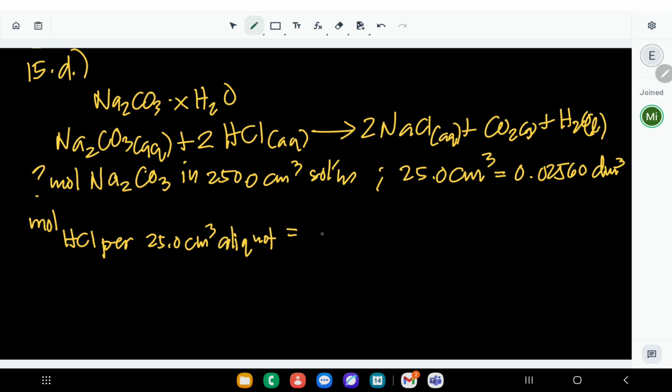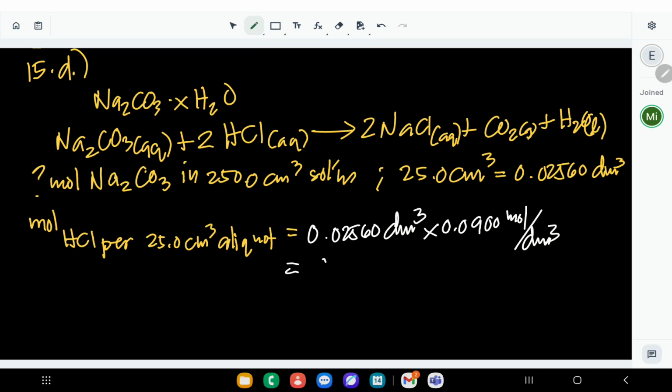And then 0.09 mole per cubic decimeter. So we get the number of moles here. This is 0.002304 mole hydrochloric acid.